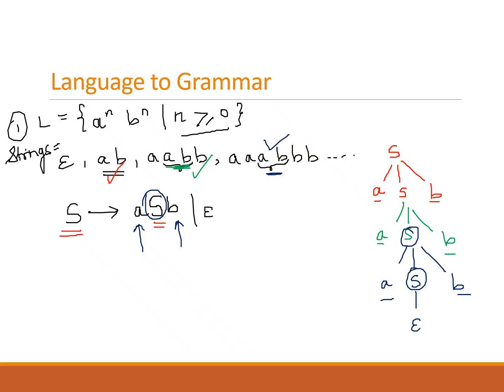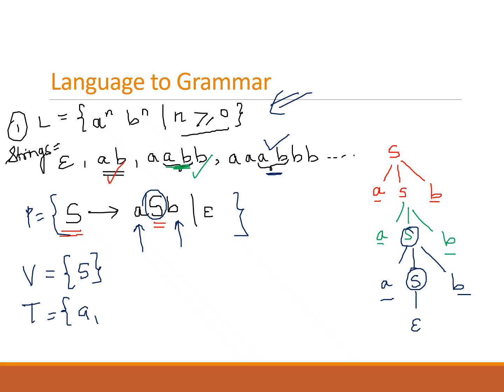So this is how we can write the production rule corresponding to this given language. And since grammar contains listing out the set of non-terminals, we'll write the set of non-terminals V, set of terminals. So the terminals accepted by this language are A and B, and there is only one non-terminal, which is the starting symbol.